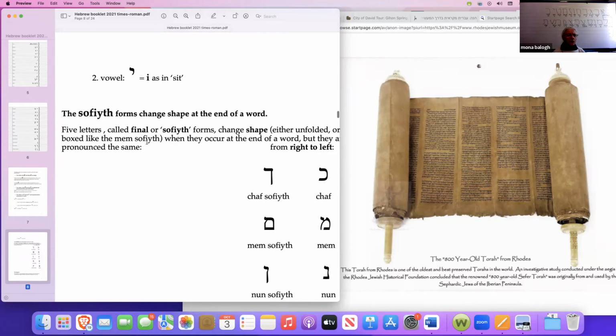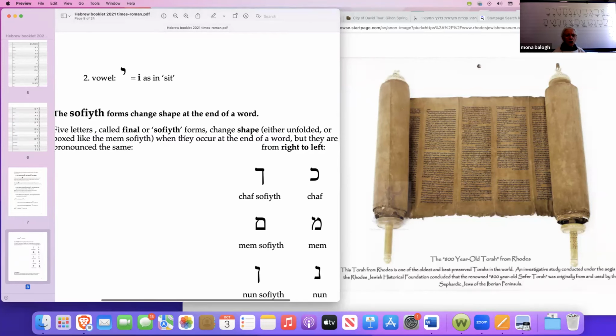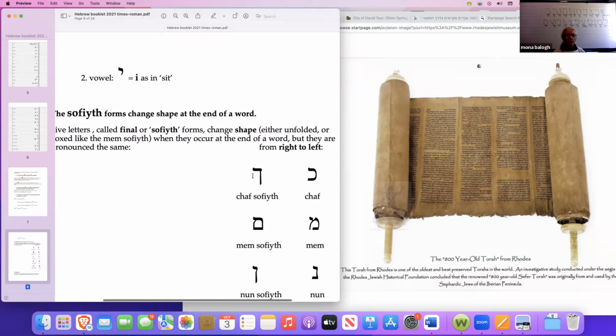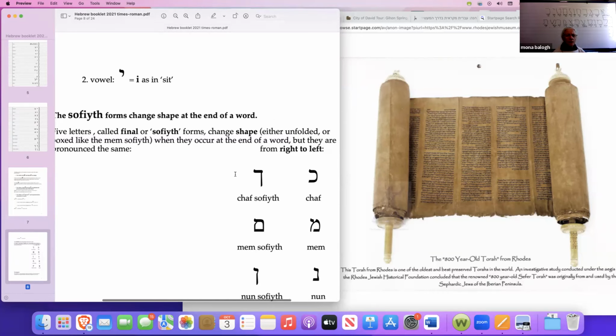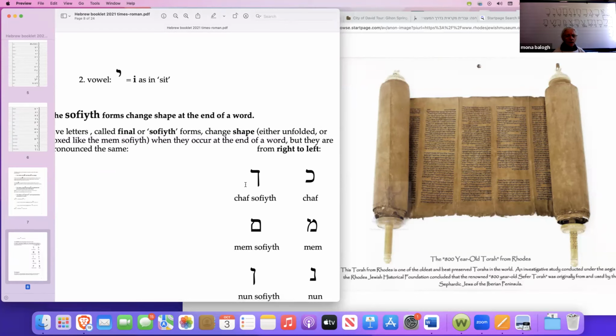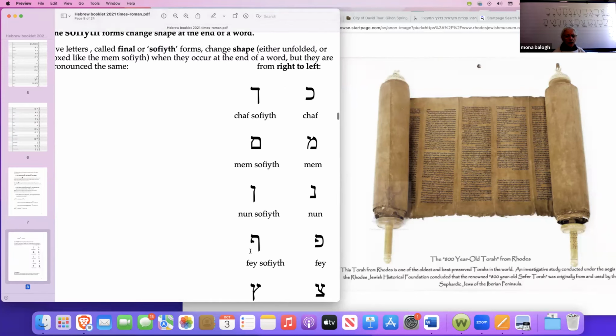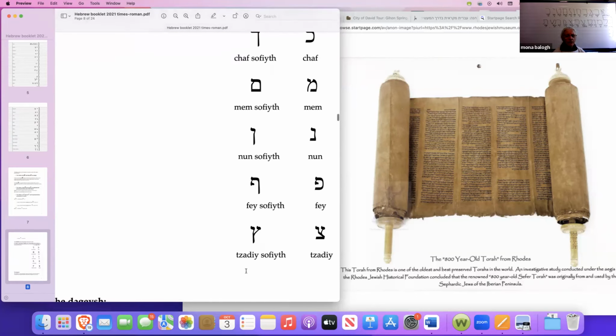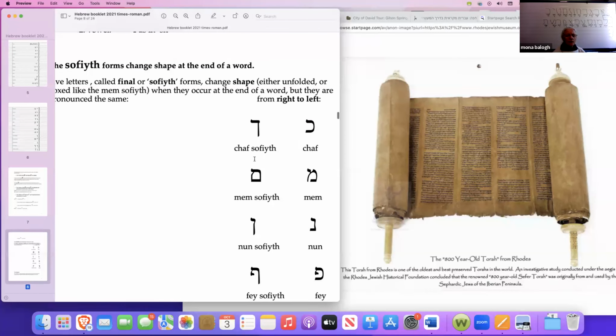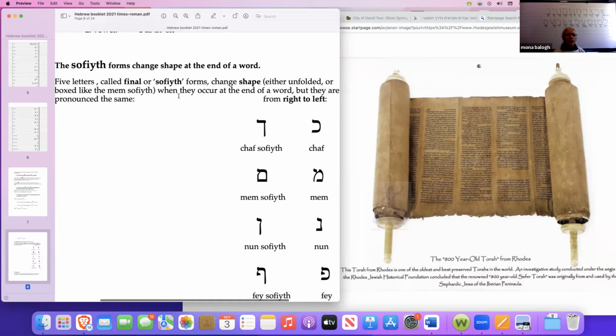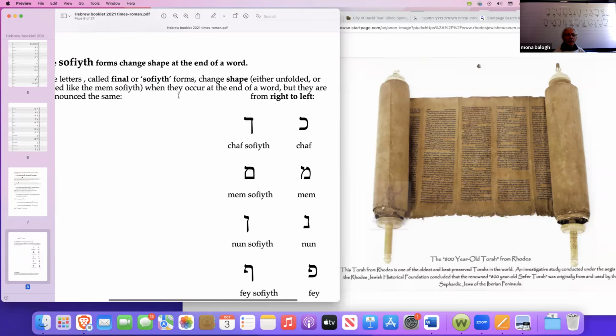So 5 letters called final or sofiyth forms change shape, either unfolded or boxed like the mem. So unfolded chaf, unfolded nun, unfolded fe, unfolded sadi, or boxed in like the mem. When they occur at the end of a word, they're pronounced the same. Okay, so let's read these together.